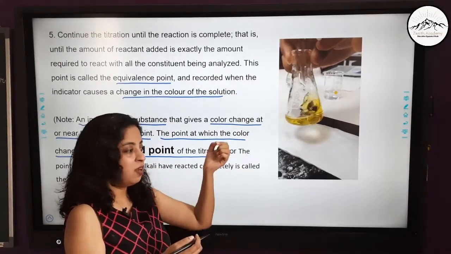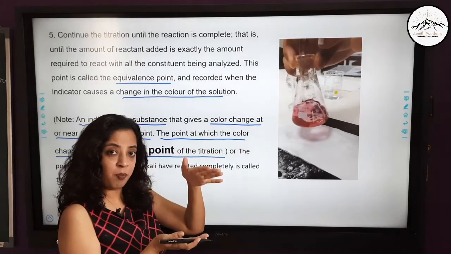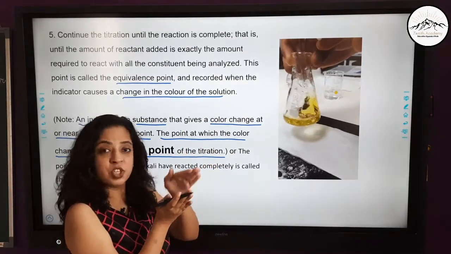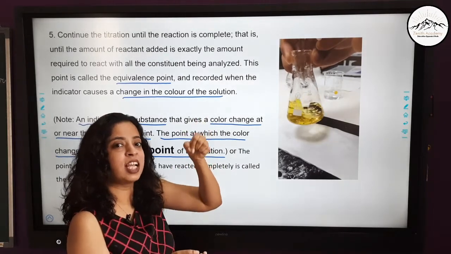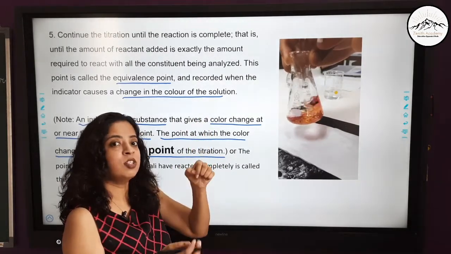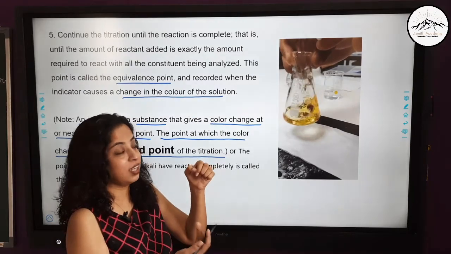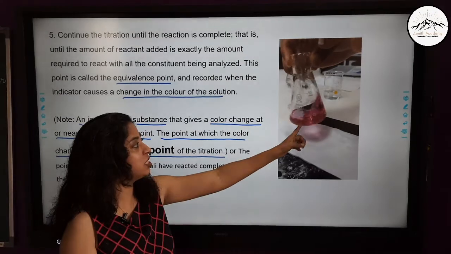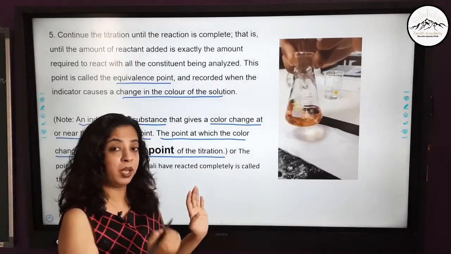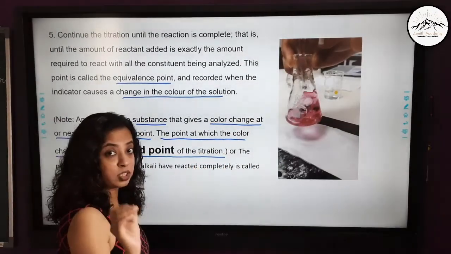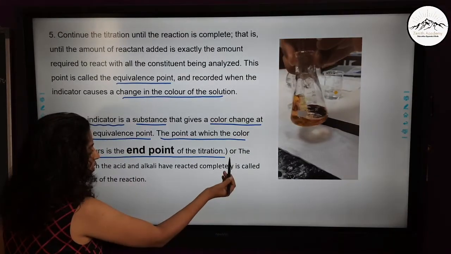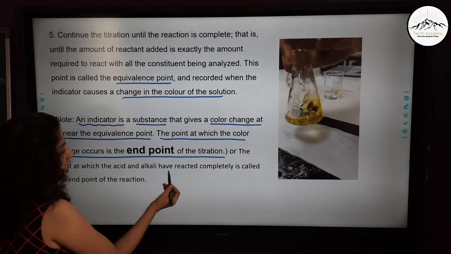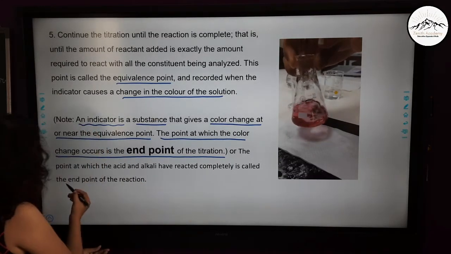And when you added the exact amount of acid to that base, the reaction is complete, and now when you add an extra drop, the solution will turn acidic, and at that point it will show the color change. So here you can see it has turned colorless, from pink to colorless. So that point is known as the end point, or we can define it as the point at which the acid and alkali have reacted completely, called the end point of the reaction.